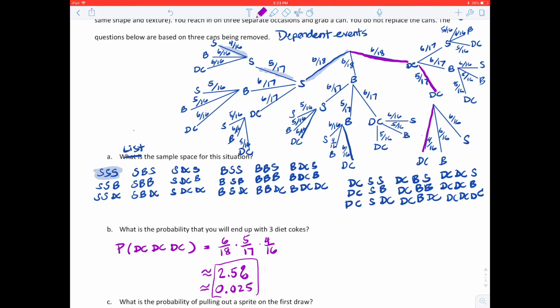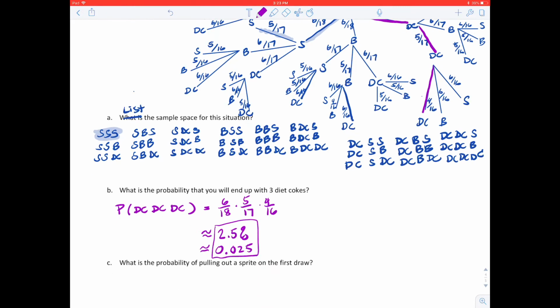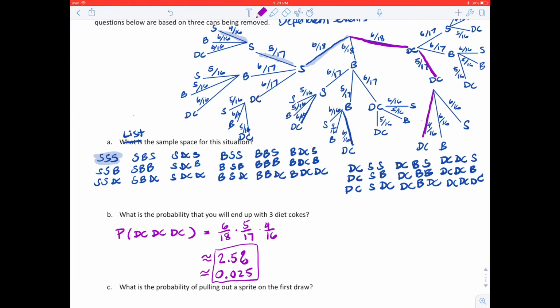All right, let's check this following out. What's the probability of pulling out a Sprite on the first draw? So a Sprite on the first draw is going to be, remember we had this here, and so it's going to contain all of these situations here.